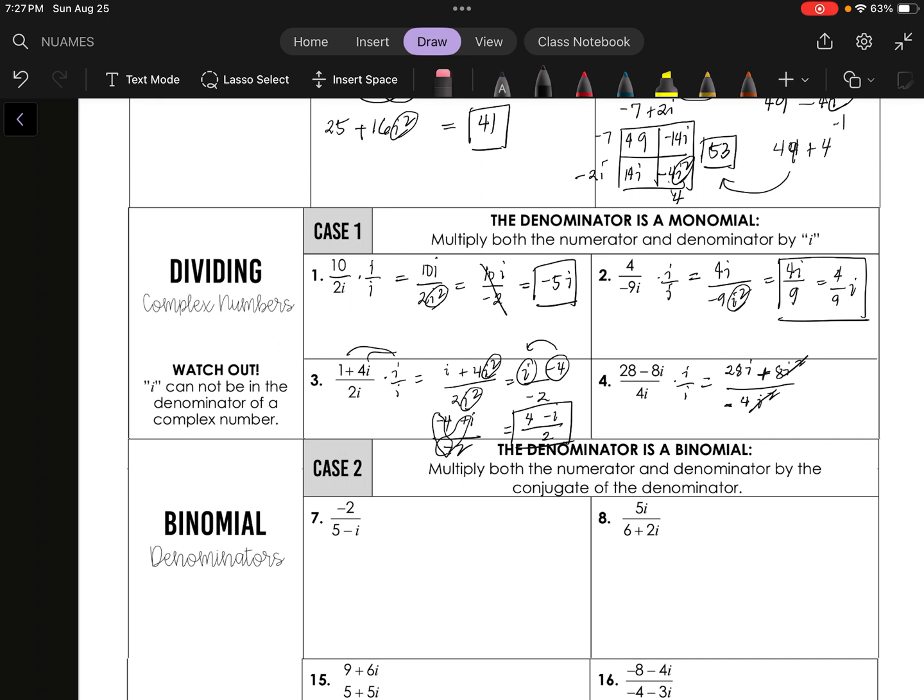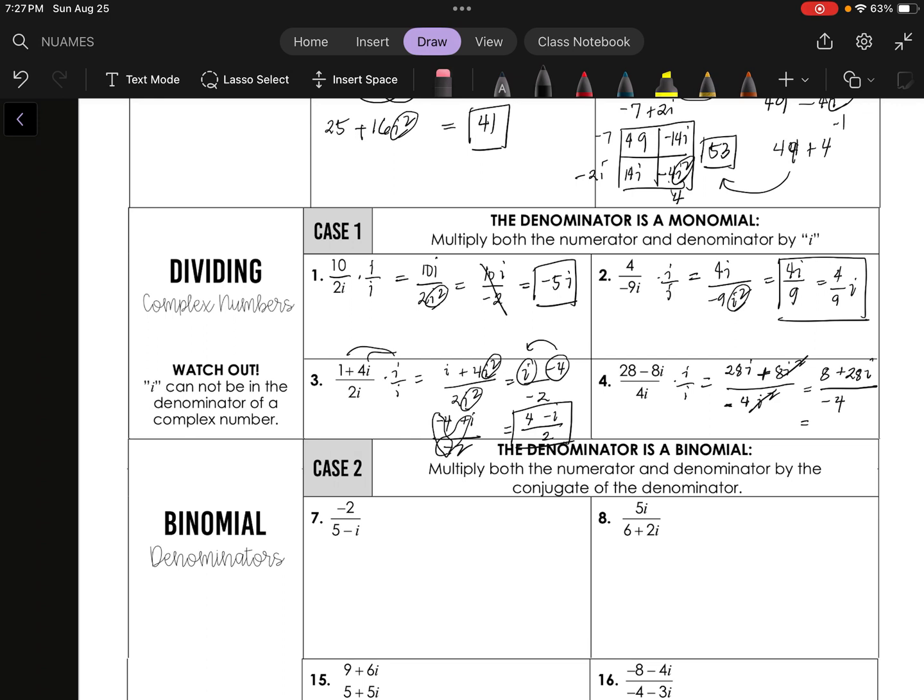Okay, so you end up having, let's rewrite it in the form. So you start with 8 plus 28i all over a negative 4. But notice that all of these numbers can be reduced by 4. They're all divisible by 4. So we can rewrite this. So what is 8 over negative 4?